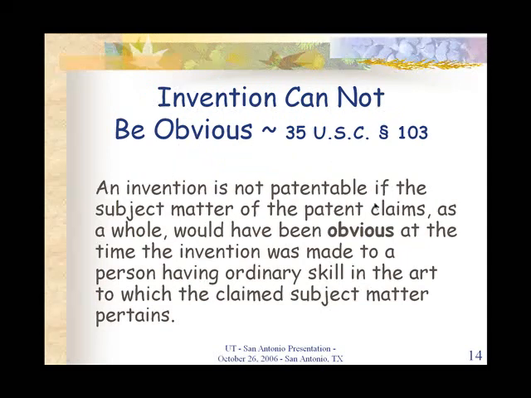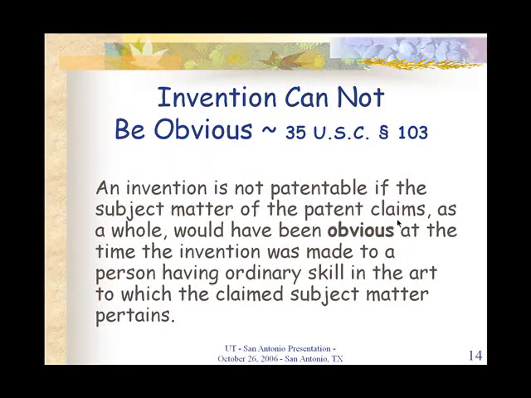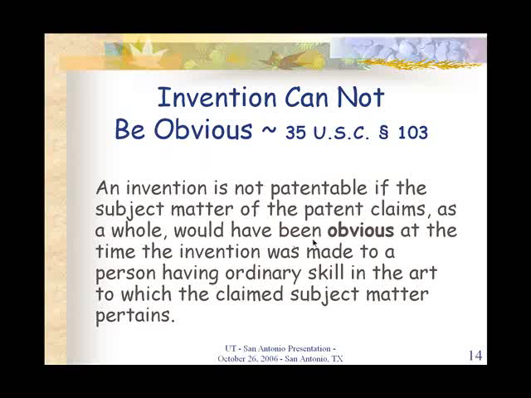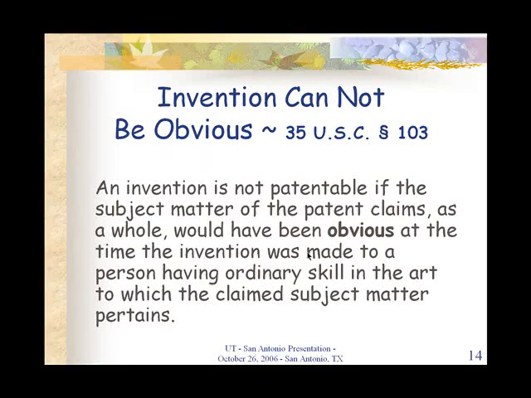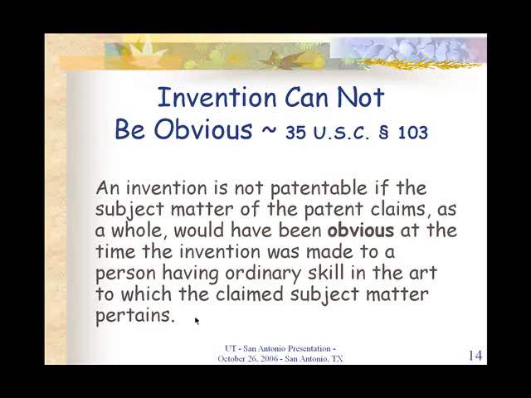An invention is not patentable if the subject matter of the patent claims as a whole would have been obvious at the time of the invention was made to a person having ordinary skill in the art to which the claimed subject matter pertains.